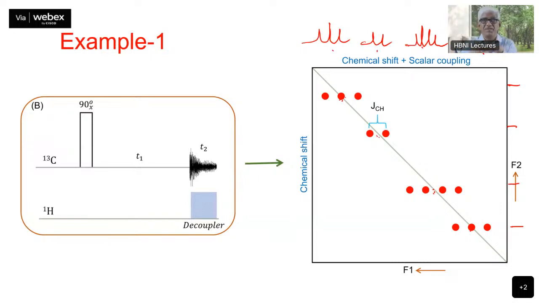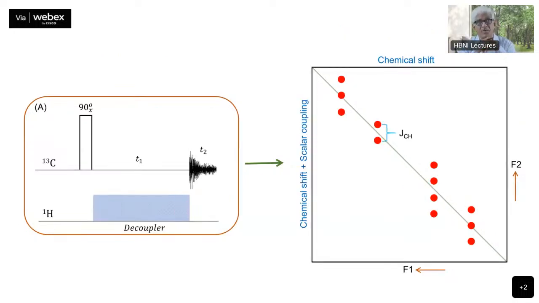I can do the experiment in the reverse way as well. If this is clear, then let us see how we can manipulate. If I do the experiment in the reverse way, what do I get now? The pulse sequence remains the same, except I shift the decoupler to the t1 period.